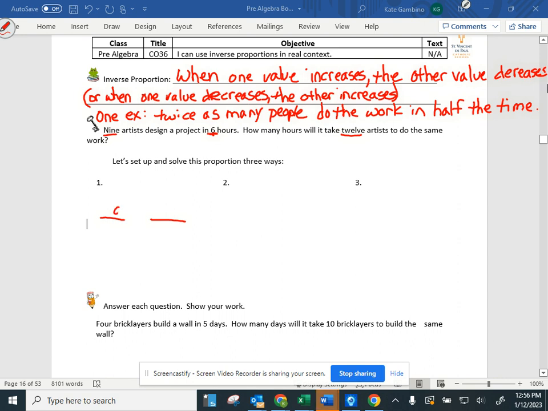So if I put artists on the top, I'm going to put artists on the bottom. So they're going to line up vertically. And that's going to equal our hours and our hours. So we start with 9 artists, and then we go to 12 artists. So we're lining them up, artist over artist, hour over hour.